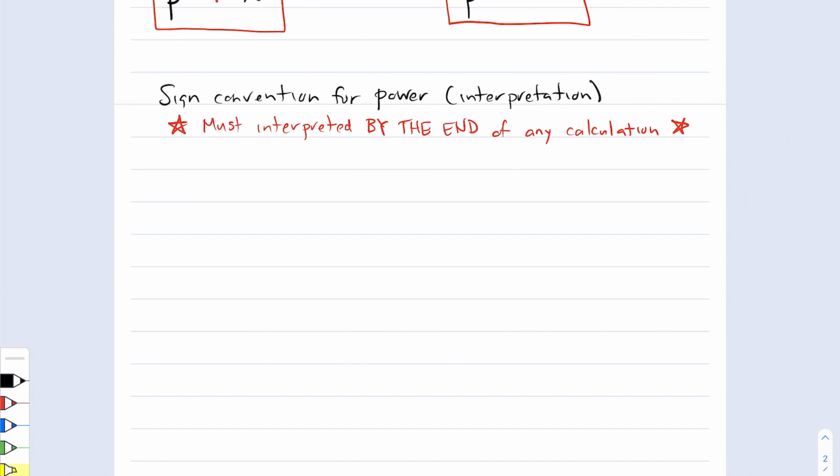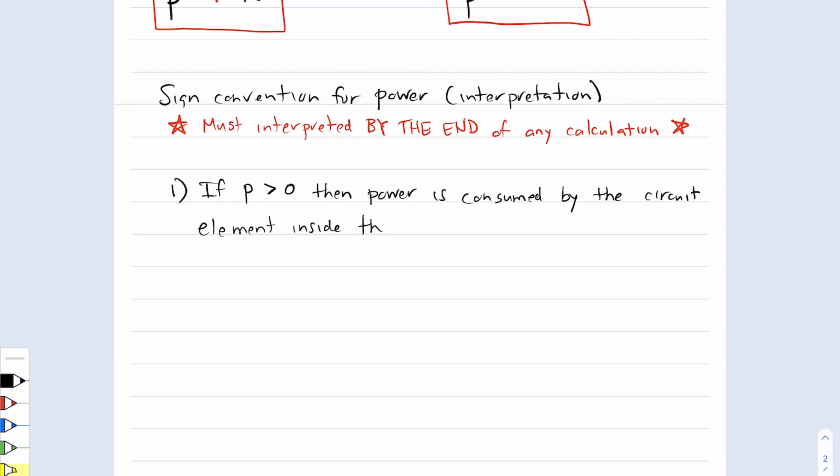Now, let's go back to the 2 cases. There is case number 1. If by the end of the calculation, you calculate all of the powers and find that this is positive, then we say that the power is consumed by the circuit element inside the box. There is a technical name for an element that consumes electrical power.